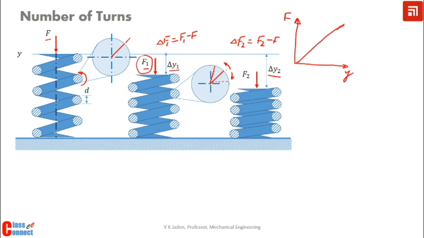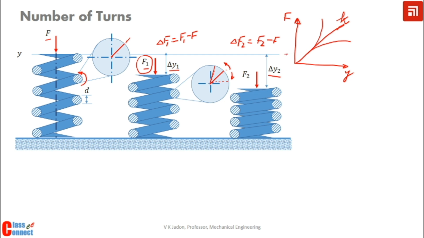The spring may be soft, and the soft spring curve will be like this, and the hard spring curve will be like this. In this case the slope is becoming 0, and in this case the slope is becoming 90, and this slope of the spring is represented by the stiffness of the spring.